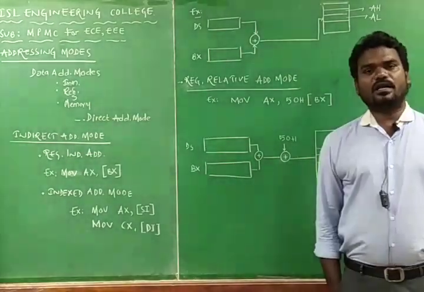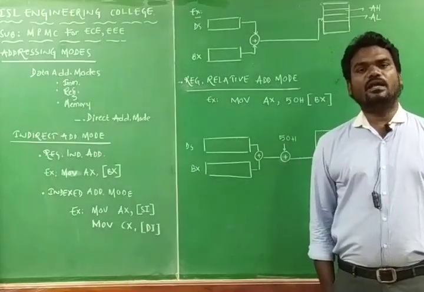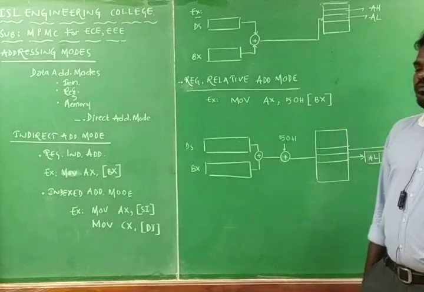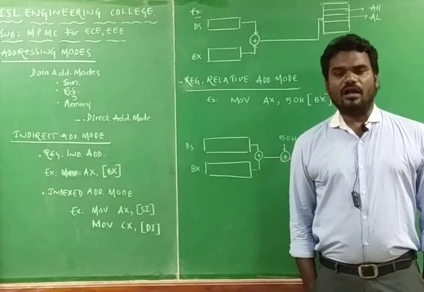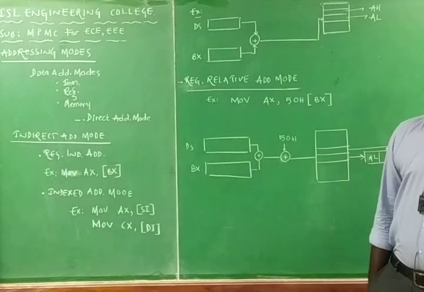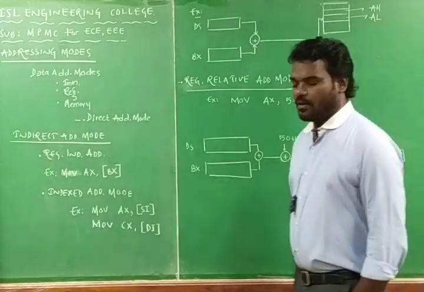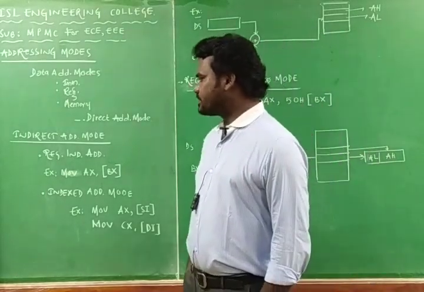The offset address and segment address combined give the physical address, which defines one particular location, and from that location the microprocessor should get the operand.